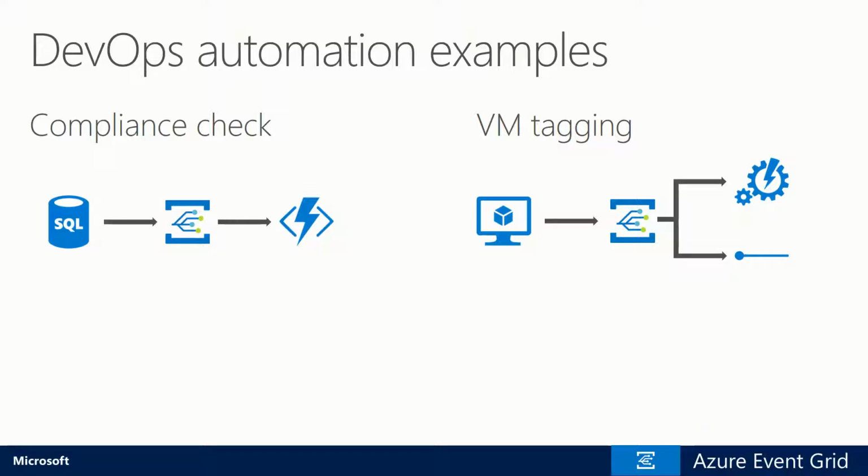Exactly. And not only that, but these processes that are generally human-driven and are error-prone, you have just a second quick check to say, hey, is everything going right? And you avoid costly accidents down the road. Another scenario that's exactly along those lines is VM tagging.